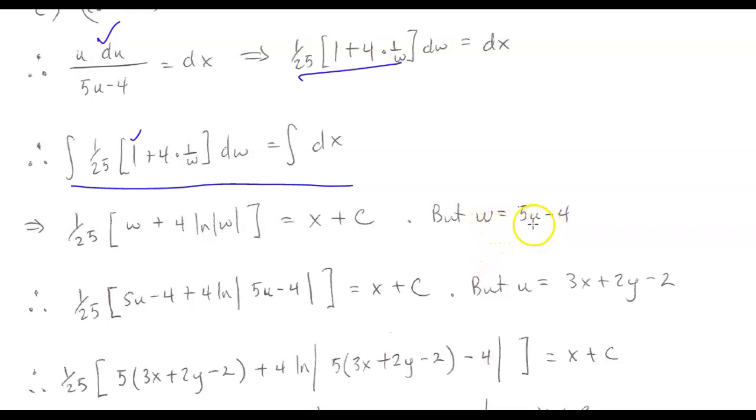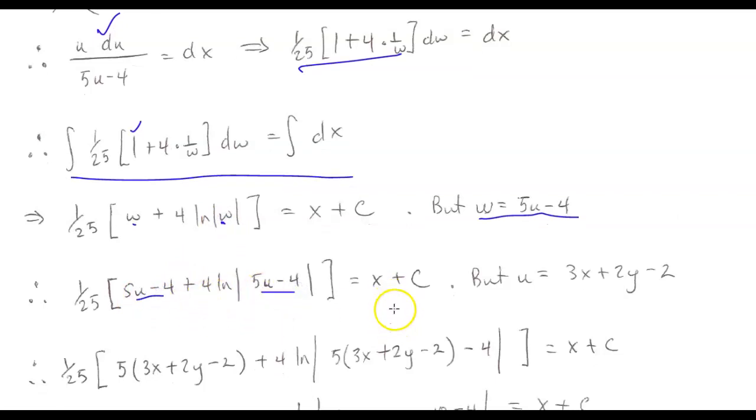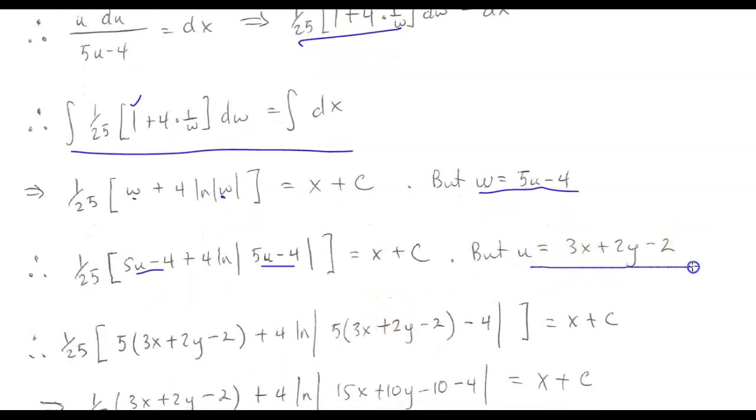Back substitute here to get back u, and then back substitute again u to solve for y. So we know that w was equal to 5u minus 4. So in place of w here and here, we write 5u minus 4, 5u minus 4. And then once again, u was 3x plus 2y minus 2.